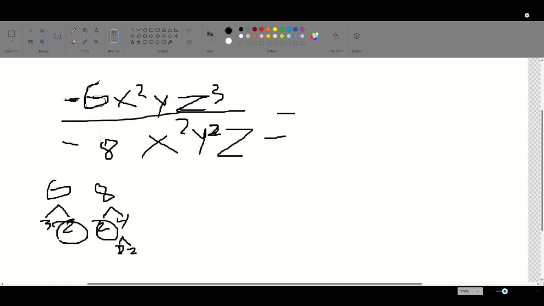So what we're going to do is divide by 2. So it would be 3 x squared y times y, then z cubed, and that is 4.